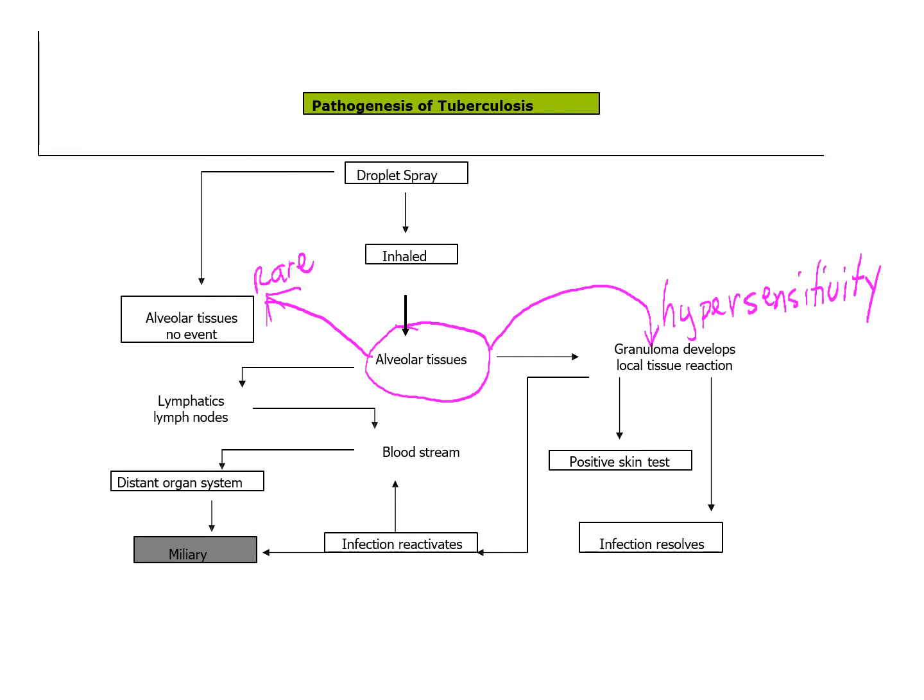With granuloma formation, the bacteria can ultimately be killed and healing occurs, as well as calcification with scar formation as a reminder of the past infection. The patient, nevertheless, will produce a positive skin test.